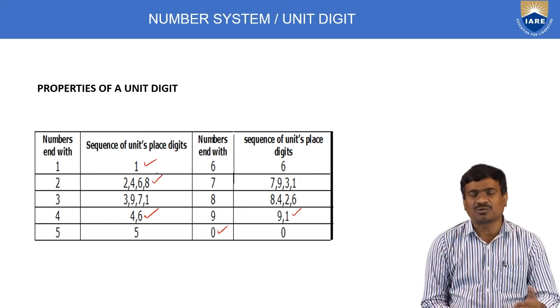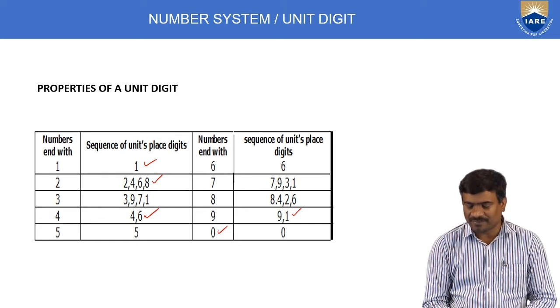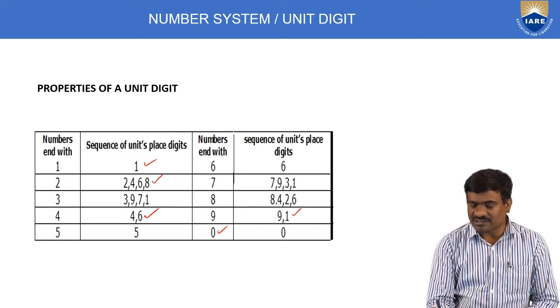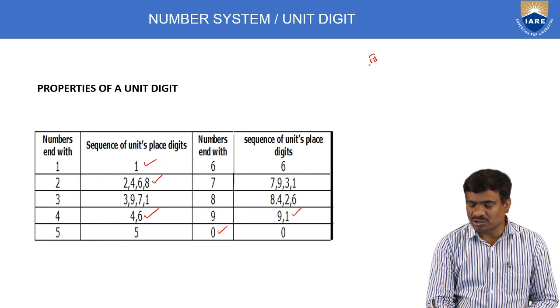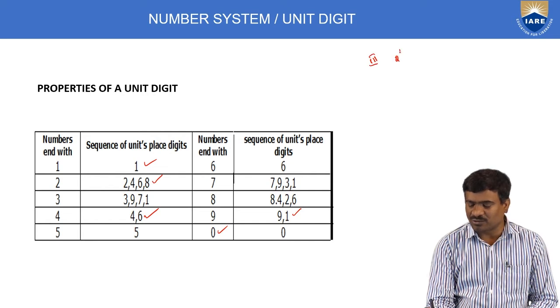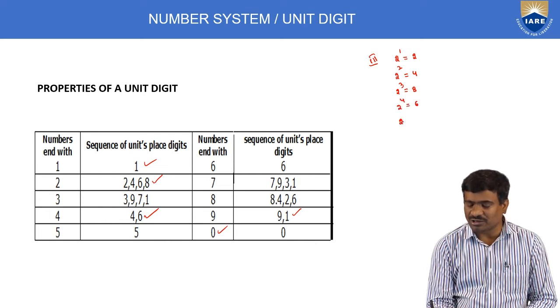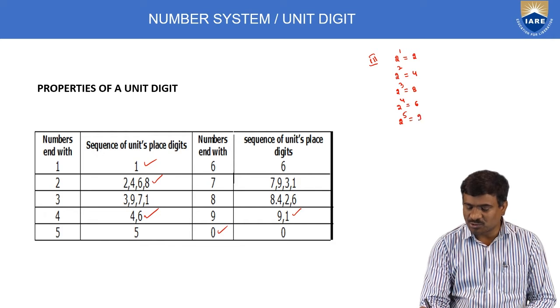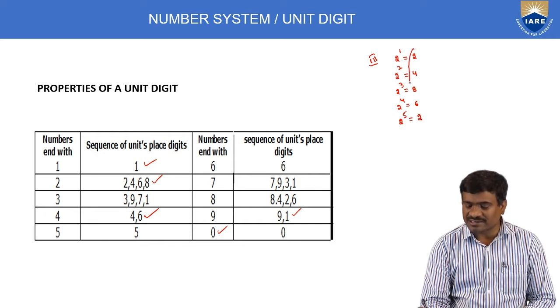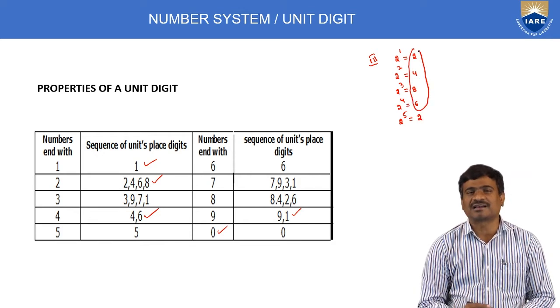These numbers are cyclically repeated. In case 3, first is 2. 2 to the power of 1 is 2. Next, 2 to the power of 2 is 4. 2 to the power of 3 is 8. 2 to the power of 4 is 16, unit digit 6. 2 to the power of 5 is 32, unit digit 2. The property of 2 is 2, 4, 8, 6, cyclically repeated.